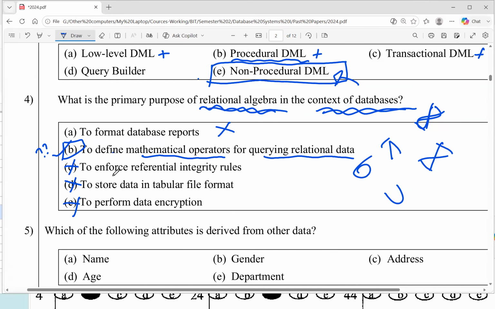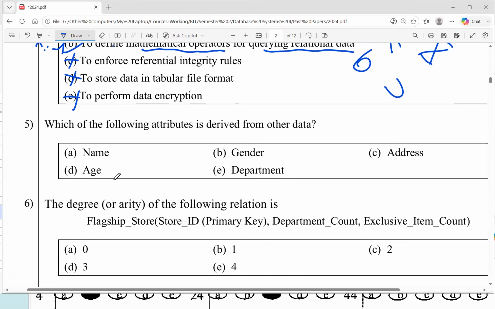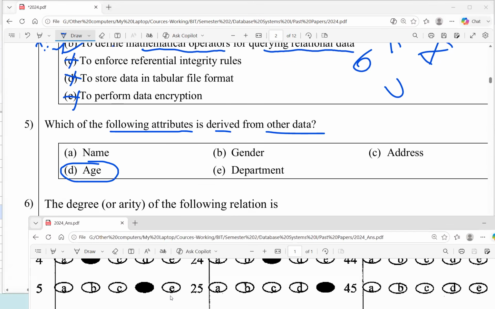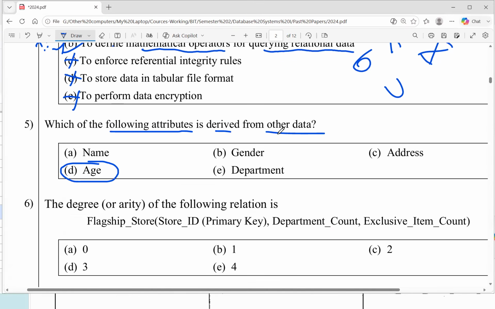Yes, B. Fifth one. Which of the following attributes is derived from other data? Age. Age can be derived from date of birth. Answer is D. So far, it's an easy paper, right? This is the first time I'm looking at this paper because it is the 2024 paper.